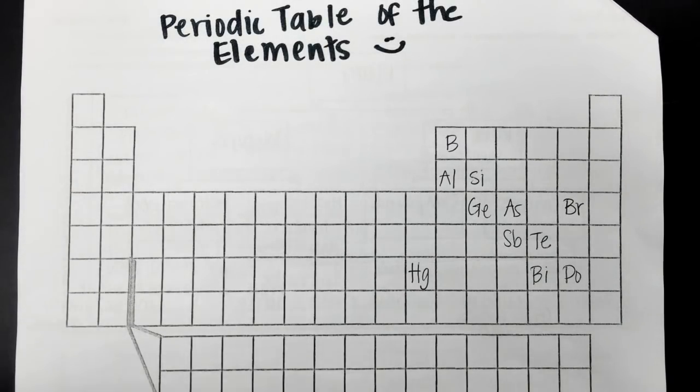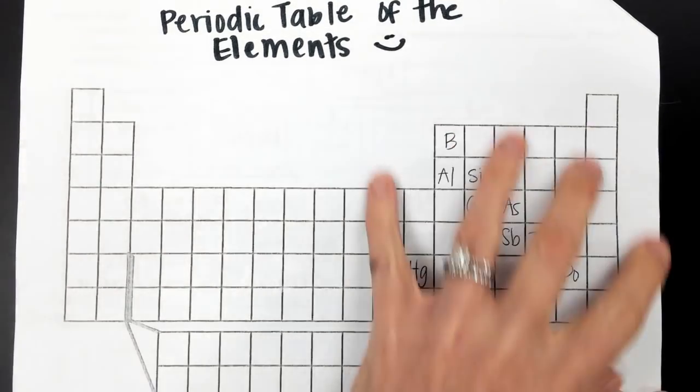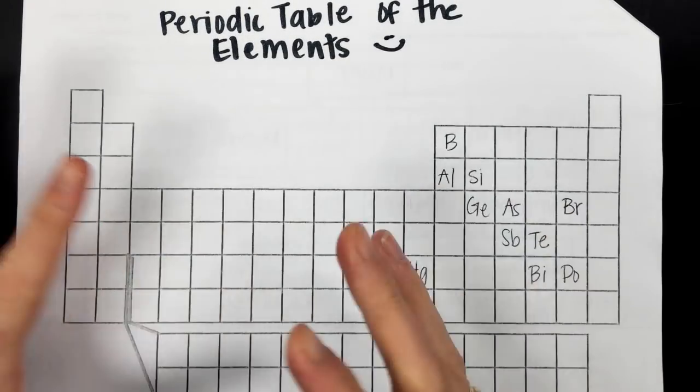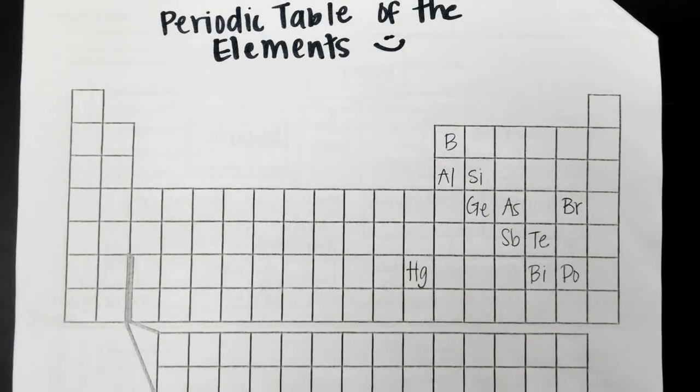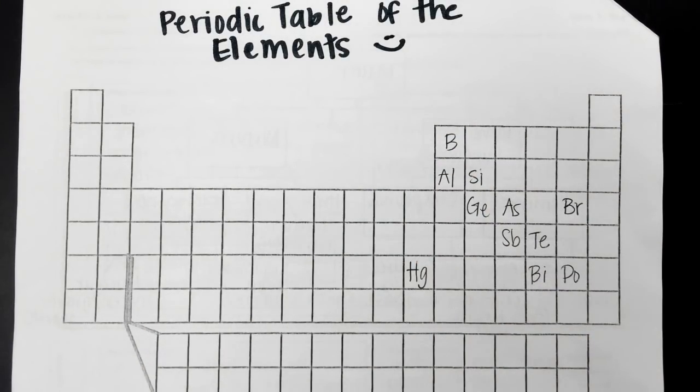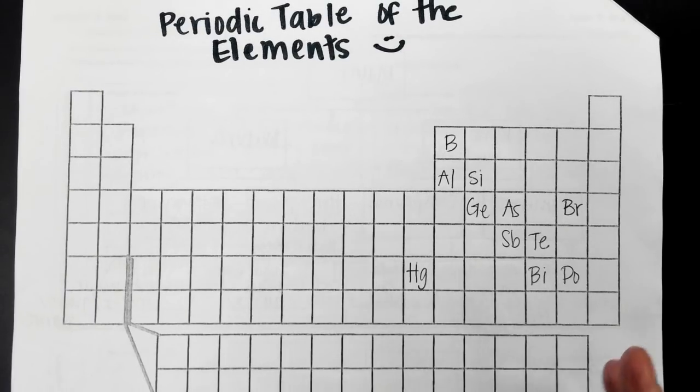So you will learn more about this tomorrow, but elements are pure substances and they are organized by properties on the periodic table. So you can group together elements on the periodic table and assume you know what their properties are in general.